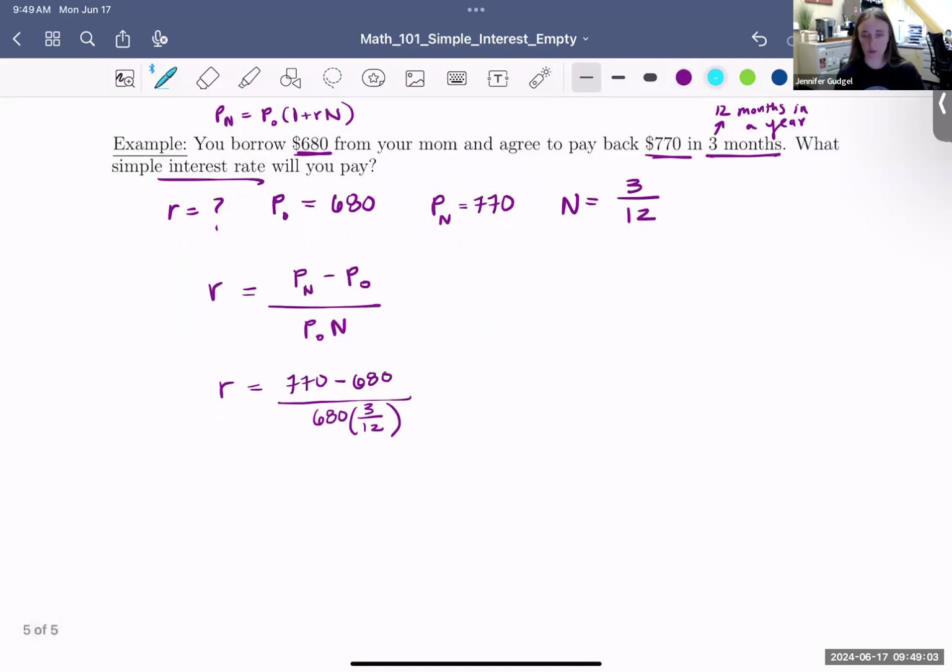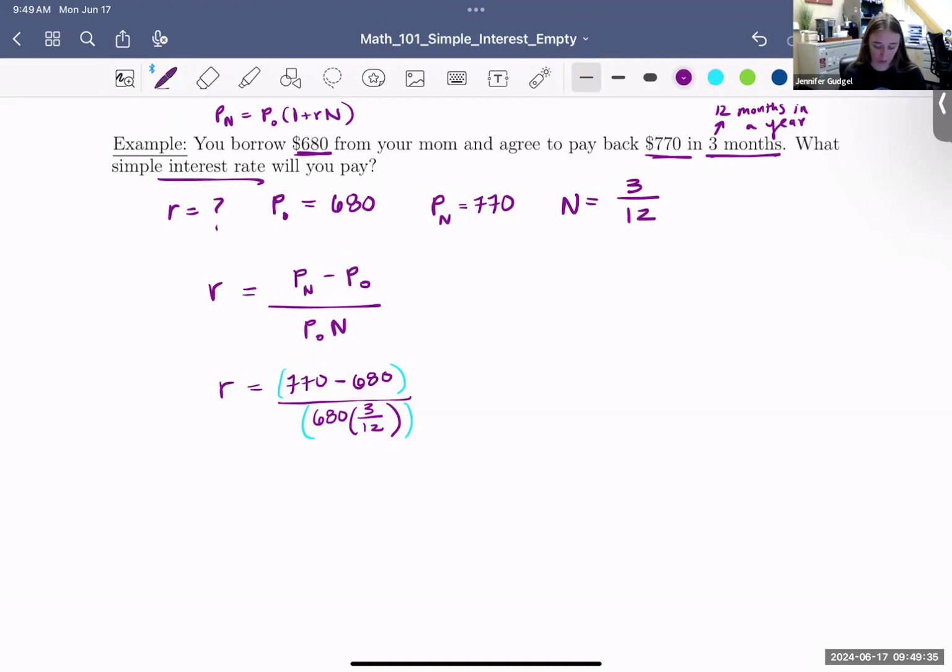If you are struggling to get the same answer as me, you may want to make sure you have parentheses around these. Parentheses 770 minus 680 and parentheses, divided by a product. The bottom may also need to be in parentheses, depending on your calculator. Some, when you hit that division sign, pop it into a big fraction like we have here, so it's not an issue, but others need these extra sets.